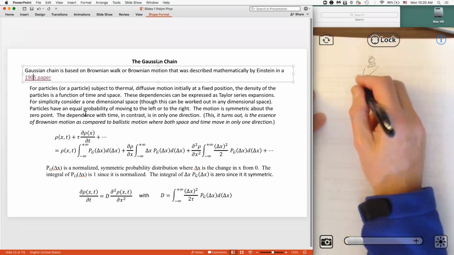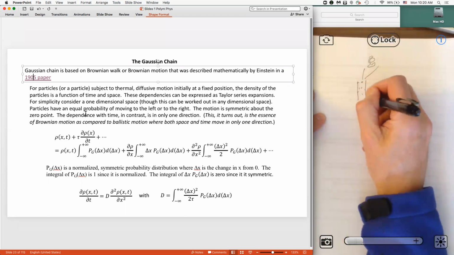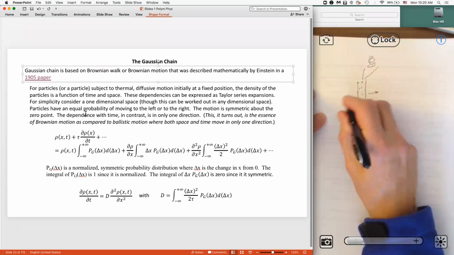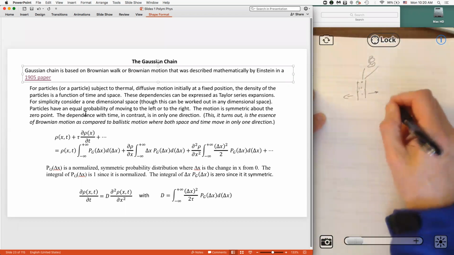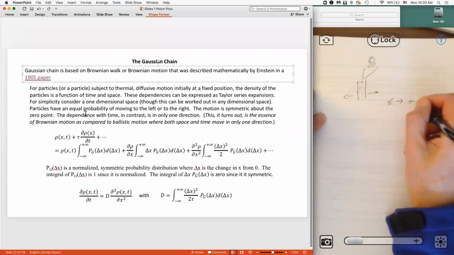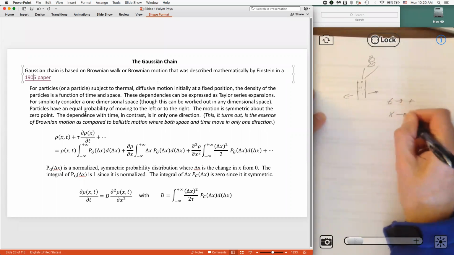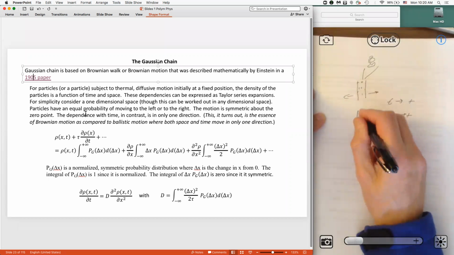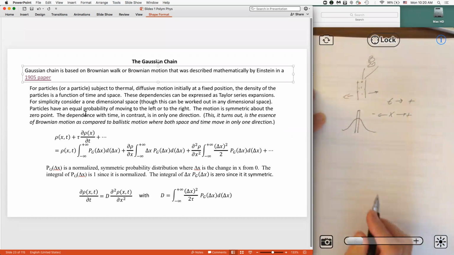If they start out at some position, they diffuse in both directions. Time only goes in a positive direction, but space goes in a plus and minus direction. So that single spike of material forms a Gaussian distribution over time.